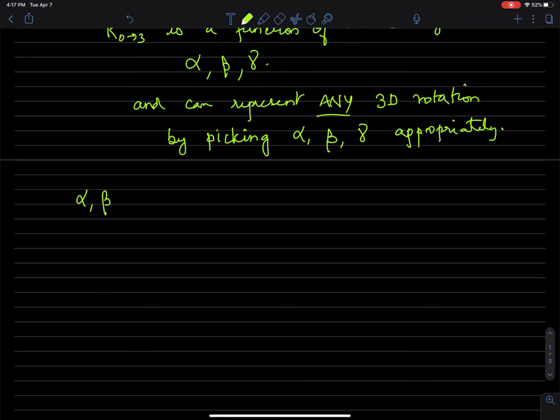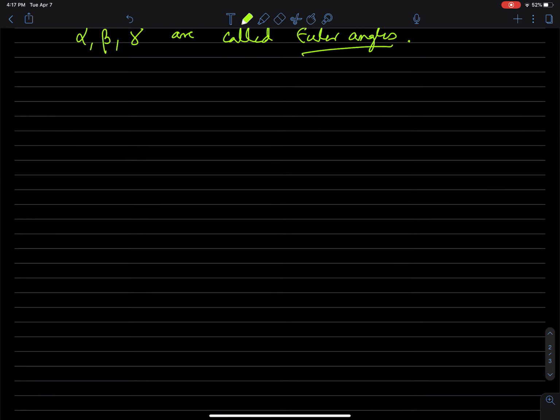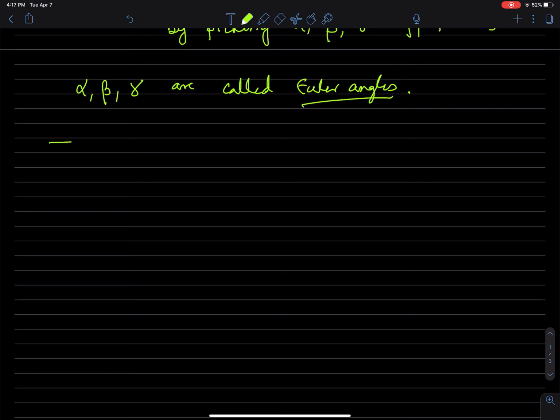So alpha, beta, gamma are called Euler angles. In fact, they're just one choice for Euler angles. Alpha, beta, gamma, as defined above, could be called, or is called, X, Y, Z Euler angles.